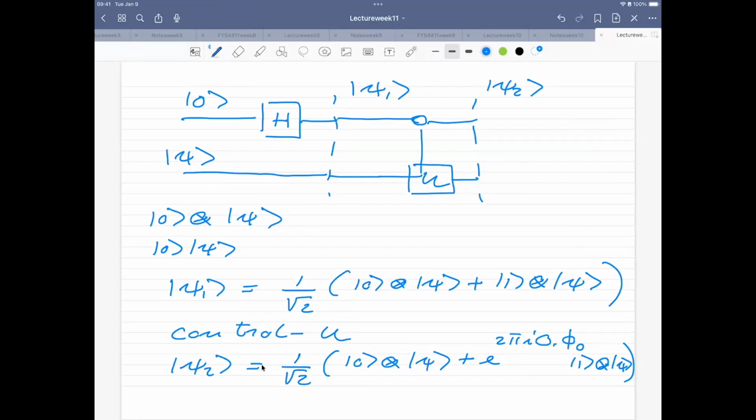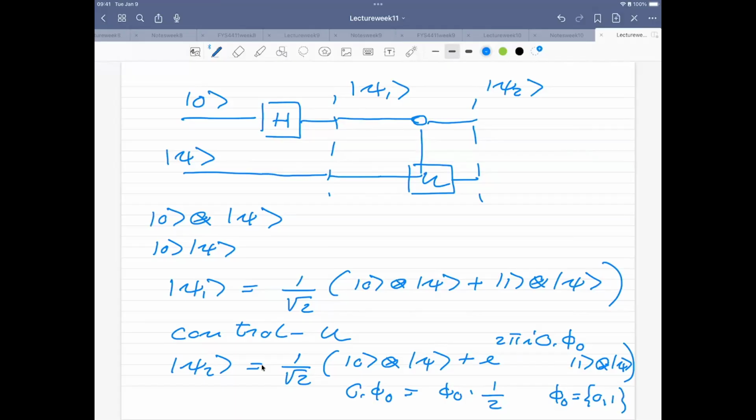When I have the rotation with only one qubit, let me quickly remind you of this specific notation here. We have 0.phi 0. This is the same as the value of phi 0 multiplied with 1 over 2. Okay? And phi 0 takes the values 0 and 1. This is basically what we did when we set up the quantum Fourier transform.